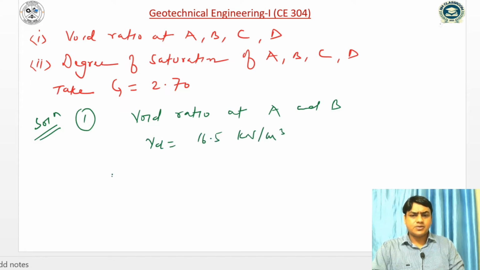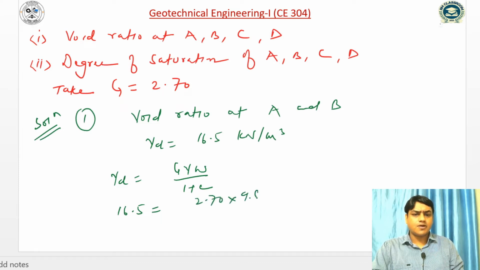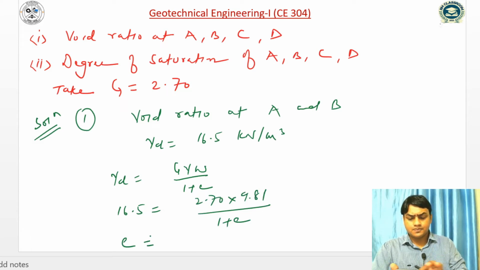So gamma D is equal to G gamma W divided by 1 plus E. So 16.5 is equal to 2.7 into 9.81 divided by 1 plus E. So the void ratio is equal to 2.7 into 9.81 divided by 16.5 minus 1.